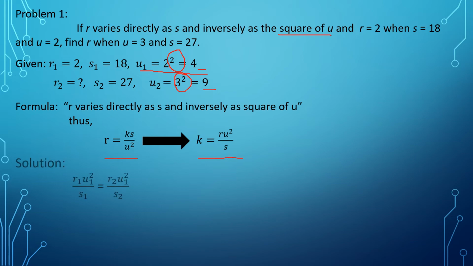So, karon sa solution ta. Kaning value sa K, para makuha ni, gamiton nato ang two sets of values man ang ato ang given diha sa ato ang problem. So, inana atong buhaton. Okay?